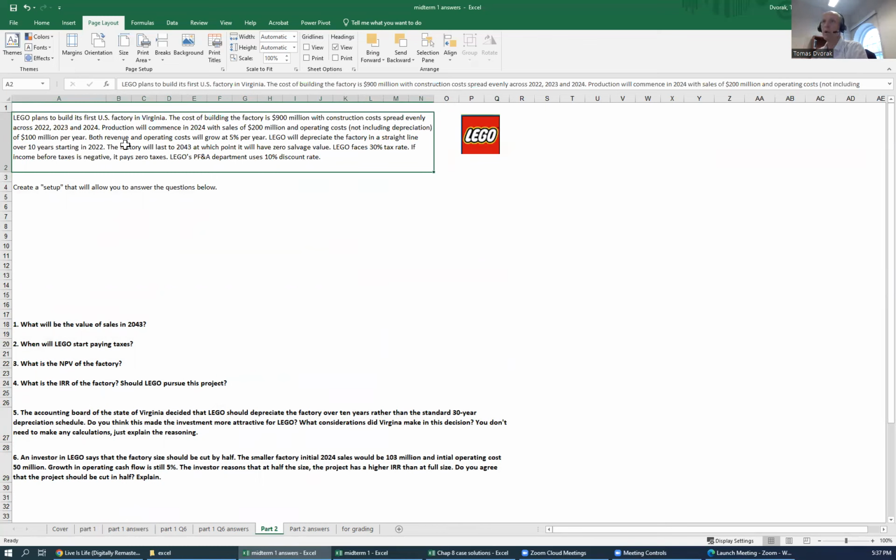Operating costs at 100, both revenue and operating costs grow at 5%. There's some depreciation over 10 years. Factory lasts to 2023, at which point it will have zero salvage value, 30% tax rate. All right, 10% discount rate.